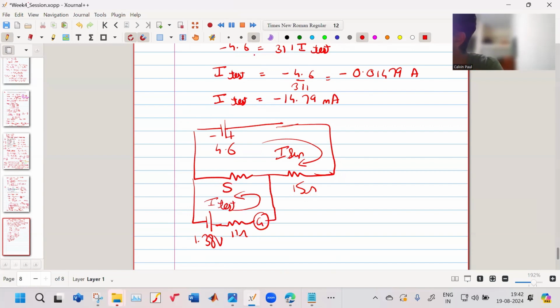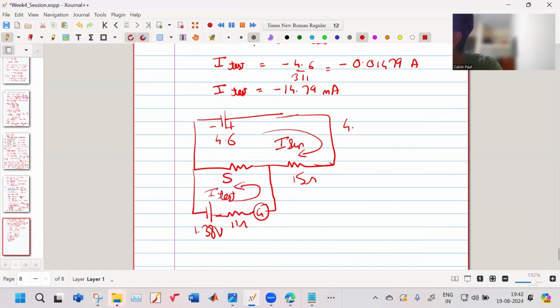For mesh 1, it will be 4.6 is equal to 20 into I supply plus 5 into I test. And your 1.38 will actually be equal to 16 into I test plus 5 into I supply.